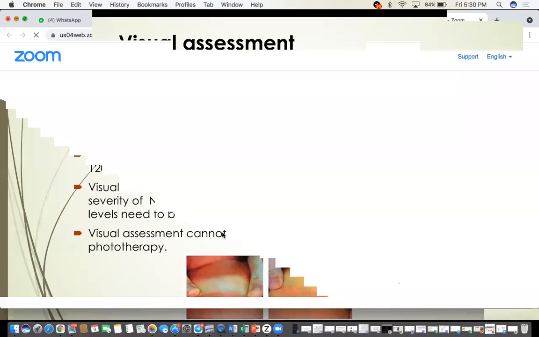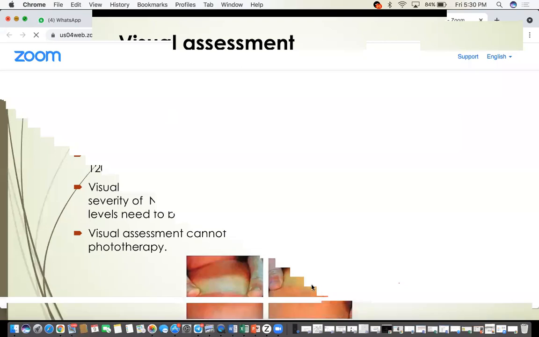Sometimes the problem is that our doctors don't do this. Jaundice, as I told you during the last topic, we can visualize when the serum bilirubin is more than 85 micromole per liter, and you can assess head to toe as the level of bilirubin rises.